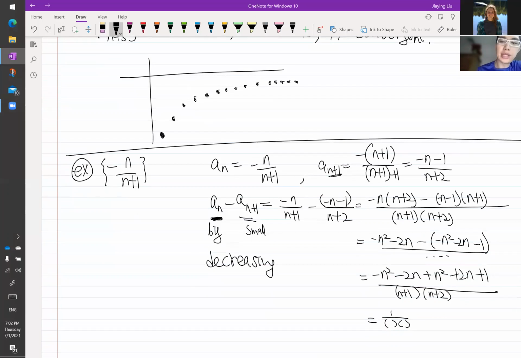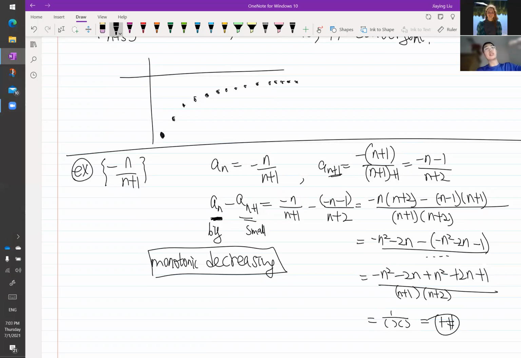So we still conclude that it's a positive number at the end. So we end up with a decreasing sequence for any n greater than or equal to 1. So this is monotonic decreasing, right? If it's monotonic decreasing, that means the value is getting smaller each time.